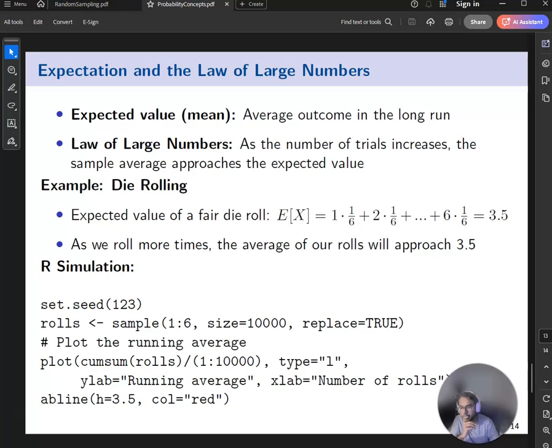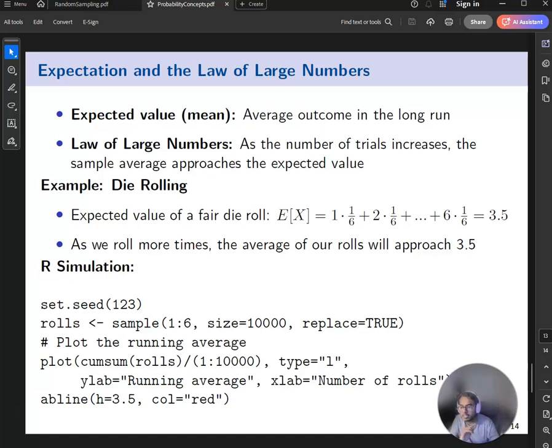If I roll it twice, I might get a 6 and a 3, for an average of 4.5. These small samples can vary a lot from the expected value of 3.5. But if I keep rolling the die over and over again, say 10,000 times, and then take the average, my result will be very close to 3.5.